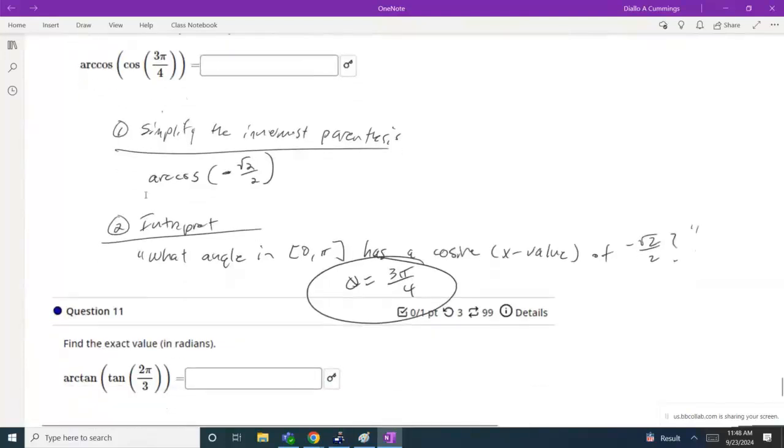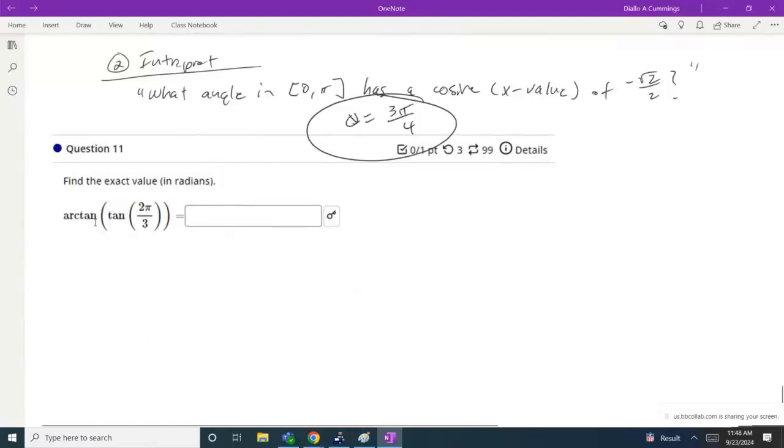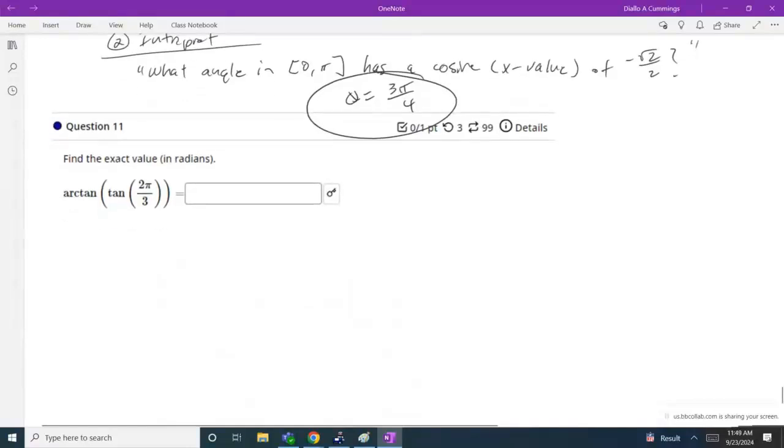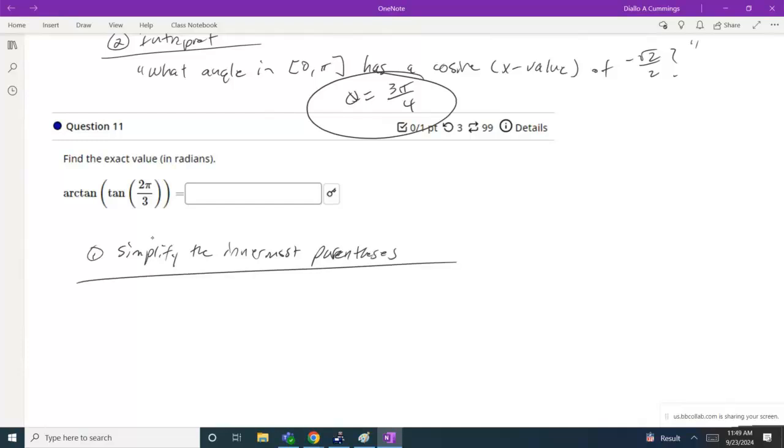All right, and then number 11 is the same way. We have the arc tangent of the tangent of 2 pi over 3. So first, let's simplify the innermost parentheses. So what is the tangent of 2 pi over 3?